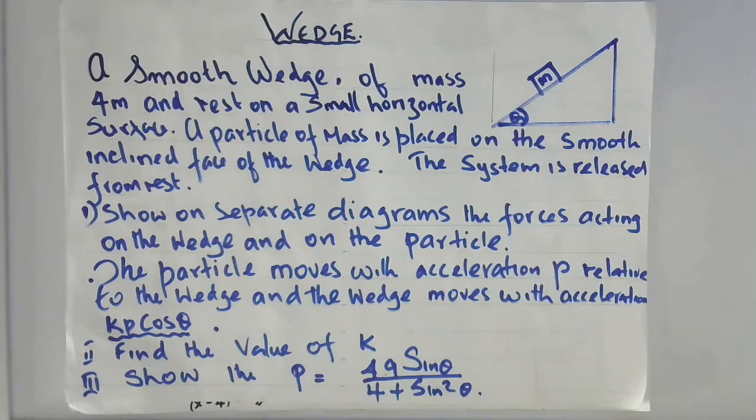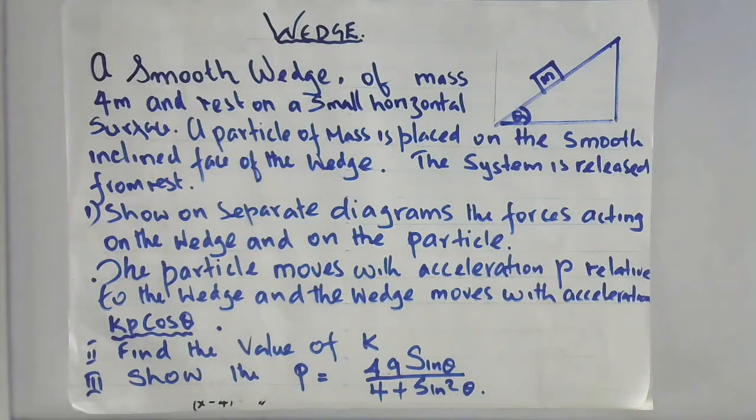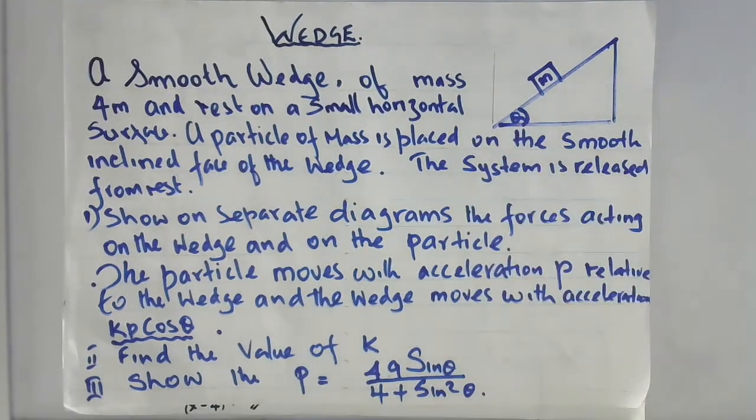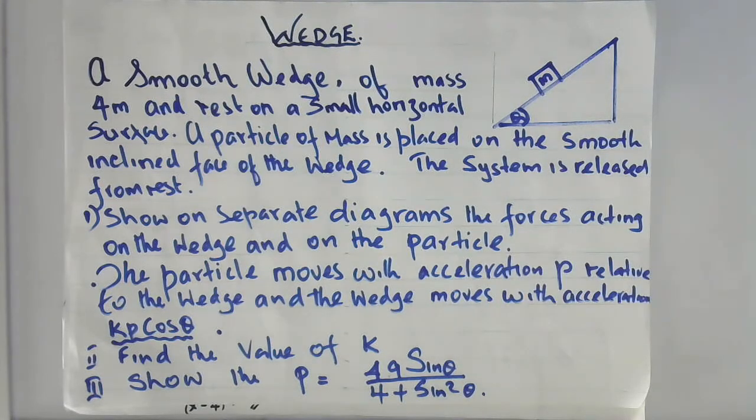A particle of mass m is placed on the smooth inclined surface, which is at angle theta, and the system is released from rest. Show, in separate diagrams, the forces acting on the wedge and on the particle.